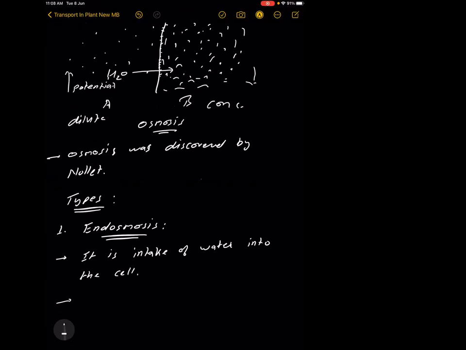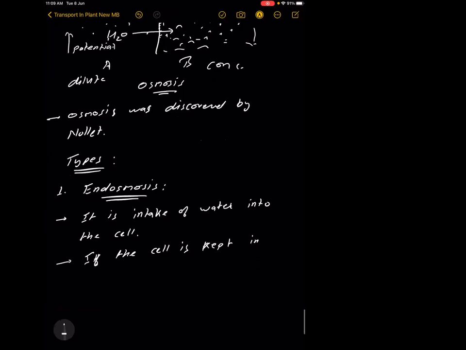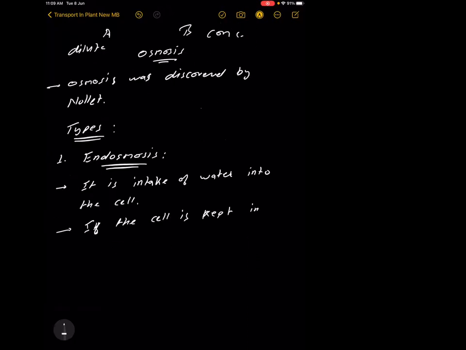If the cell is kept in a hypertonic solution or hypotonic solution? Hypo. The outer solution should be hypotonic, so that endosmosis can be possible.